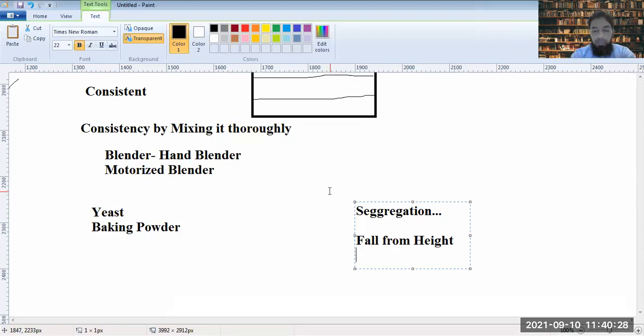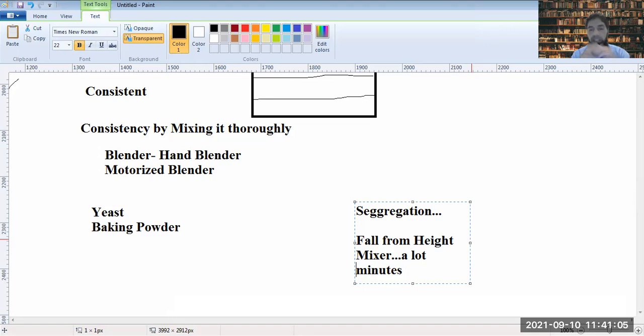The second is, if you are mixing in a mixer and you keep on mixing, even after 5 minutes, what eventually happens is that the concrete begins to lose its plasticity, and the particles begin to return to their own places in the mixer.